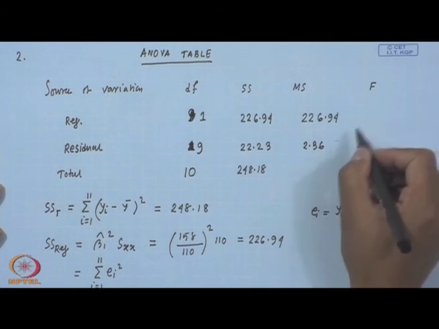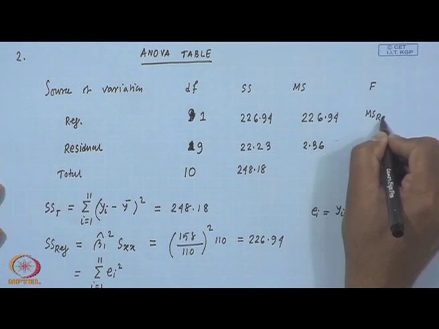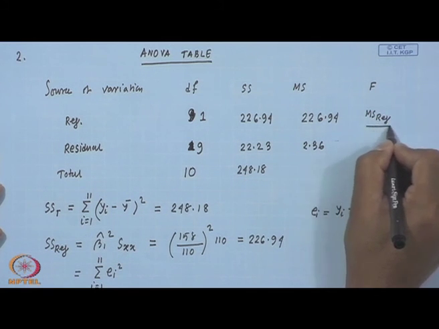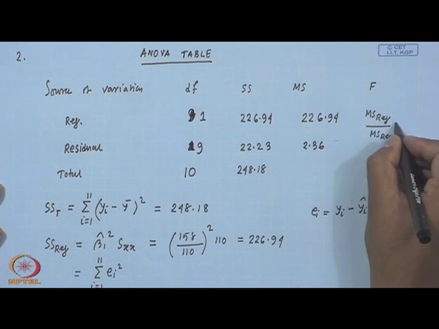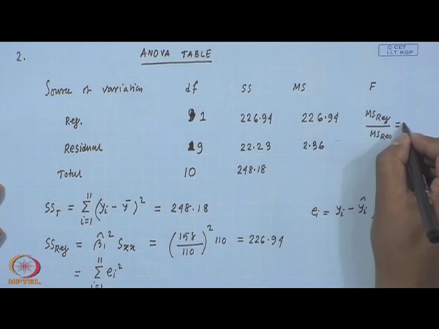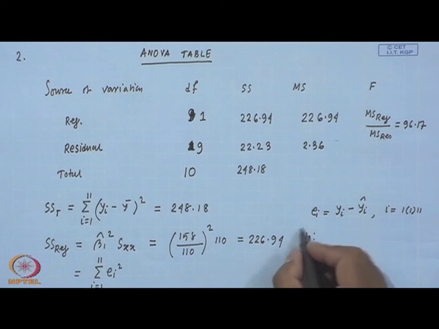So, the F statistic is MS regression by MS residual, which is equal to 96.17.